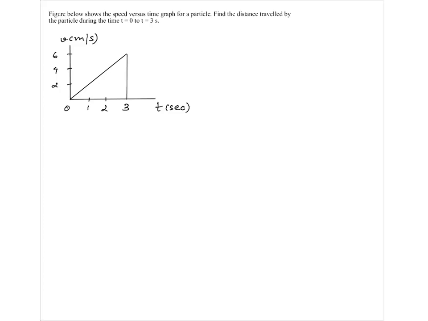It's a VT graph. In a VT graph, the area under the curve tells you the distance traveled. The question has not given us the mathematical expression, but has given us the graph. So we would go for the area method. Area under the curve is this. 9 meters. 9 meters is right.